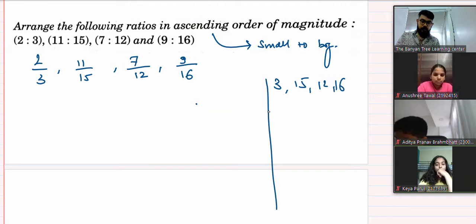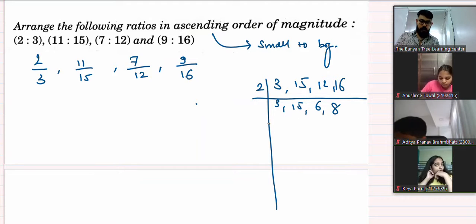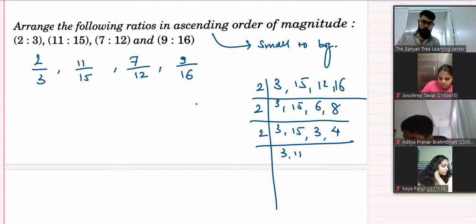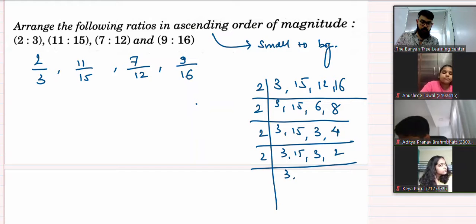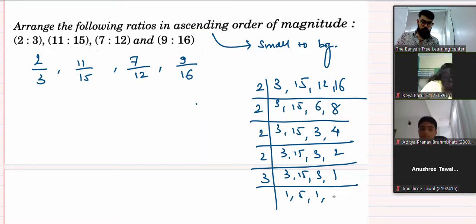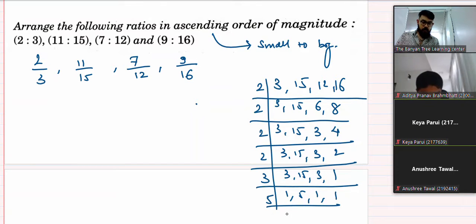Let us find the LCM by the classic method of long division. 2, 3, 15, 6, 8. 2, 3, 15, 3, 4. 2, 3, 15, 3, 2. 2, 3, 15, 3, 1, 3, 1, 5, 1, 1, and 5, 1, 1, 1, 1.